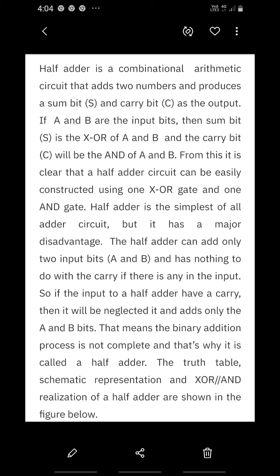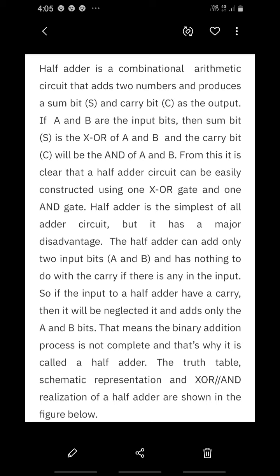Half adder is the simplest of all adder circuits, but it has a major disadvantage. The half adder can add only two input bits A and B, and has nothing to do with the carry if there is any in the input.